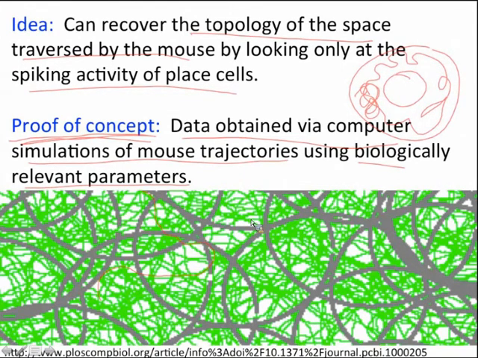So let's take a look at what the computer simulation did, using biologically relevant parameters. If they could not detect the topology using this simulated data, then there was no hope that their idea worked. But if they did detect the topology, then since they used biologically relevant parameters, there's a good chance it should work with experimental data as well.